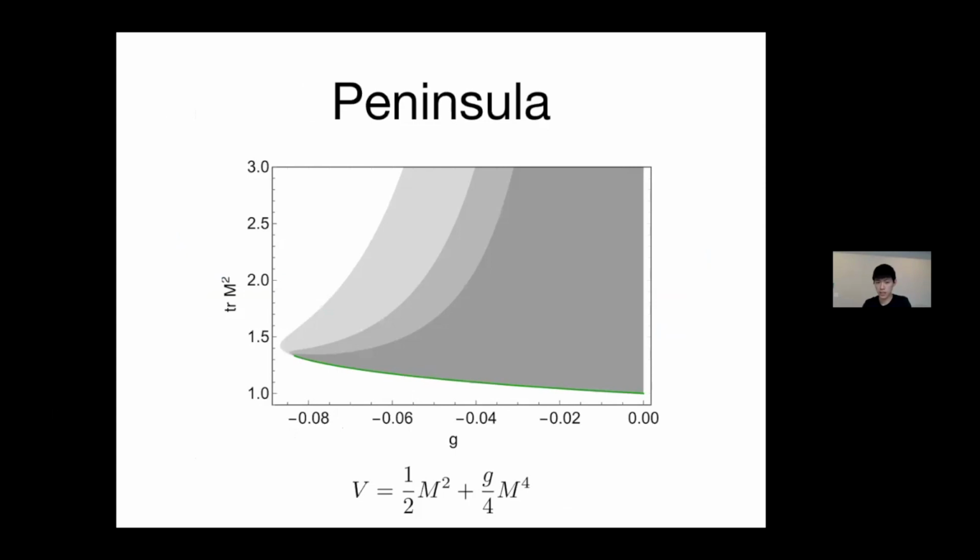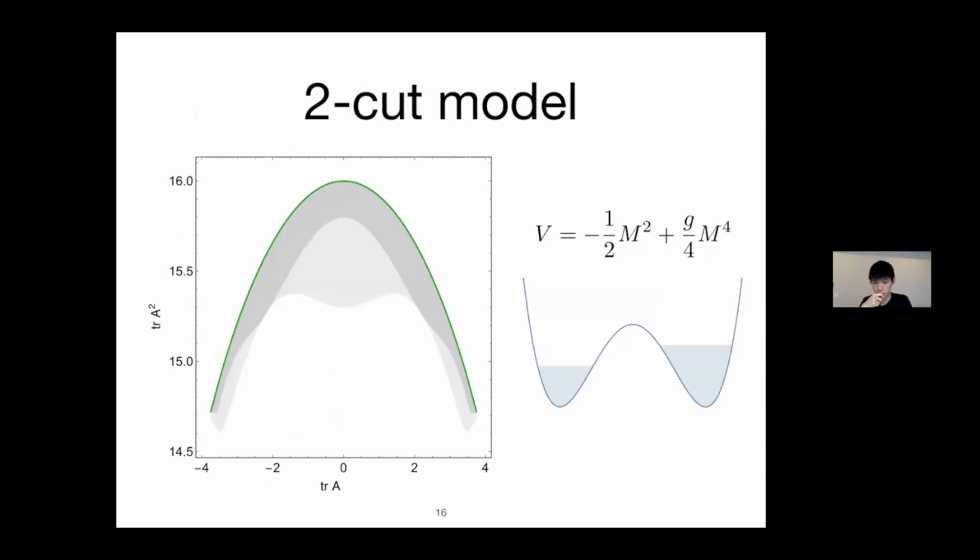That's in the one-cut case. But then you also consider the double cut, which exhibits the Gross-Witten transition. There is critical behavior when the two cuts approach each other, but the model continues to make sense. Do you see any difference between these two cases?